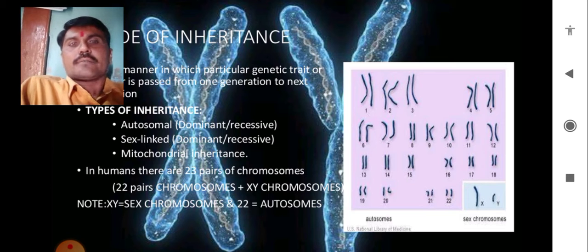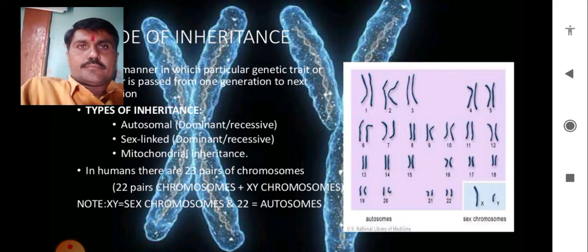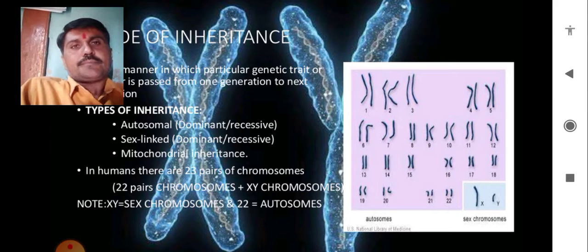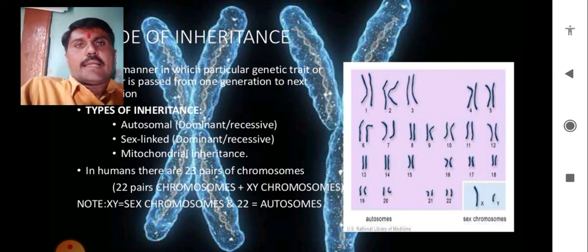In that, when the gender is female, it consists of a double X chromosome, while when it is a male, then we find X as well as Y chromosomes.